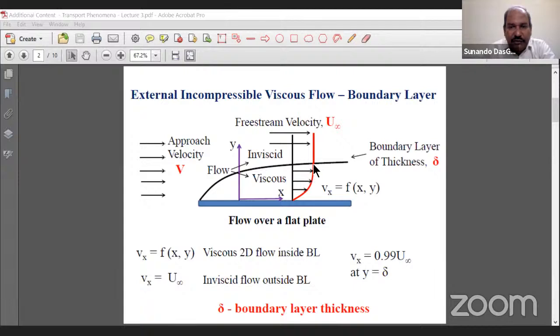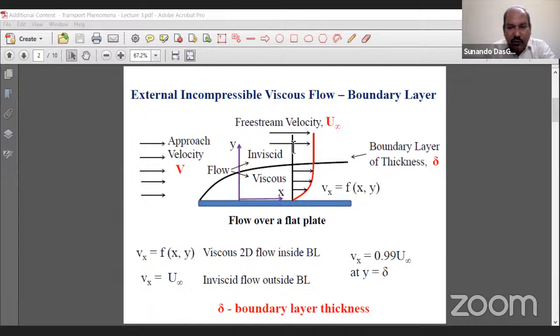Beyond the edge of the boundary layer marked by the black line, the velocity is no longer a function of y. For the very special case of flow over a flat plate, the velocity over here is not going to be a function of x as well. So outside of the boundary layer, for flow over a flat plate, the velocity is strictly going to be a constant.